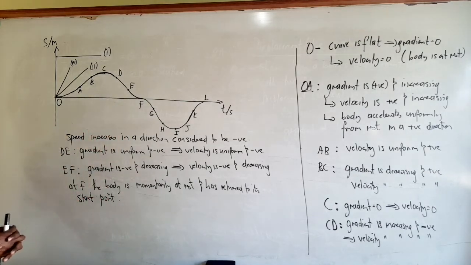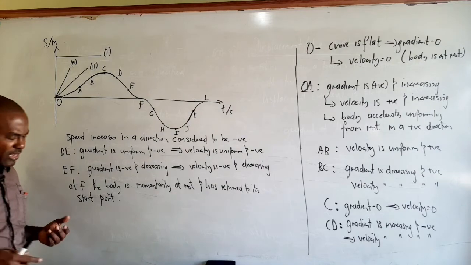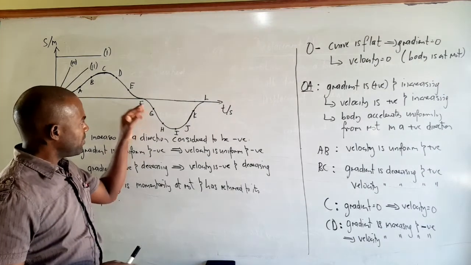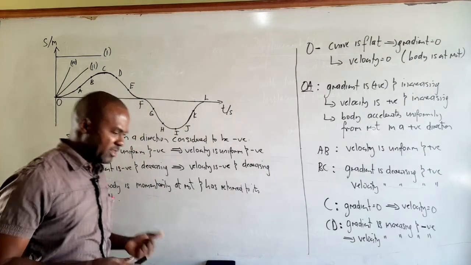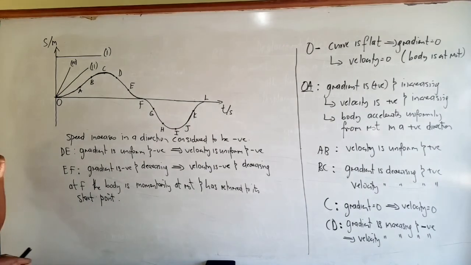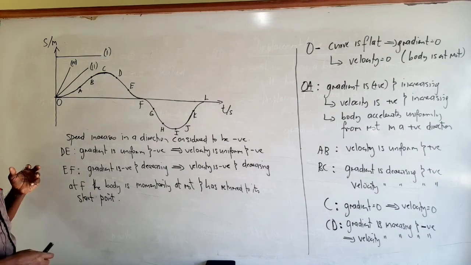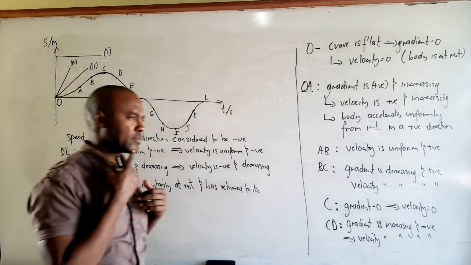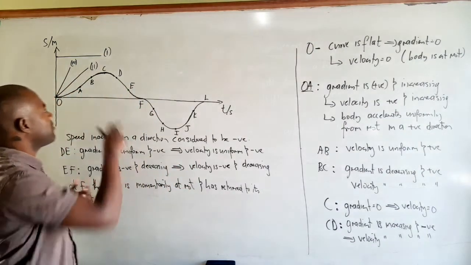Now, if you were to examine what's happening below here, then essentially what we have is, how do I put this? Almost the same thing as was happening from before.